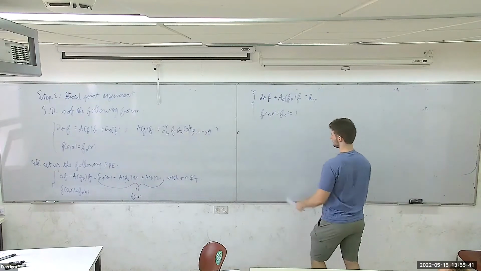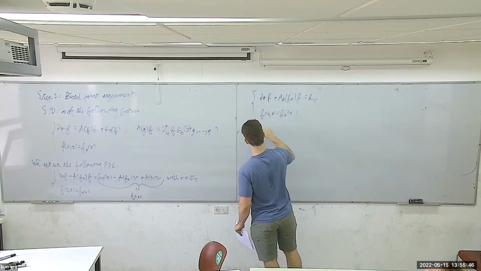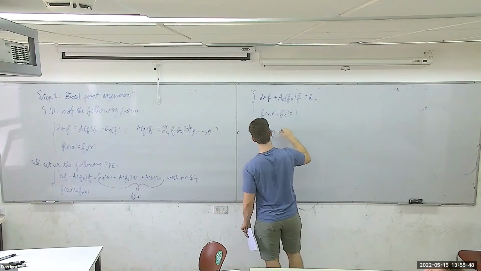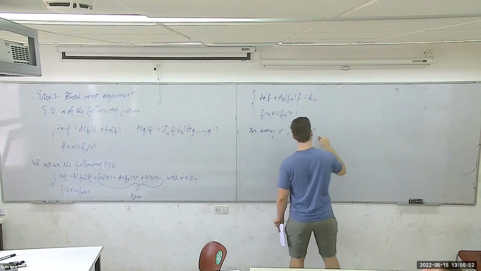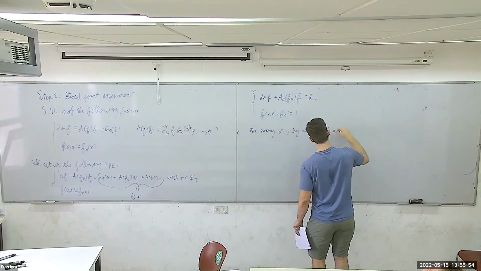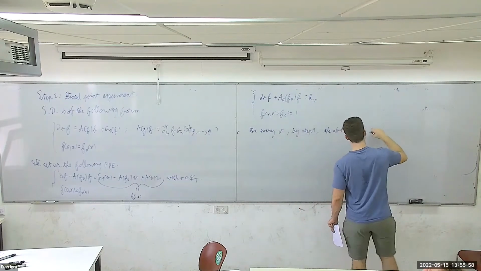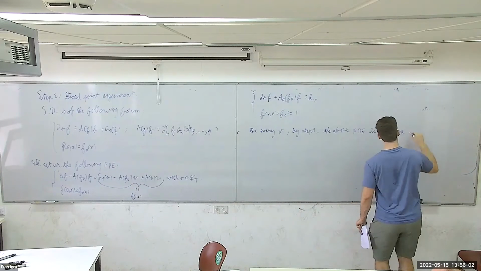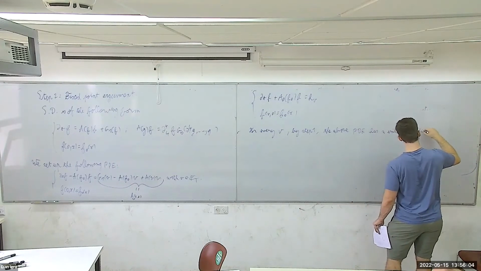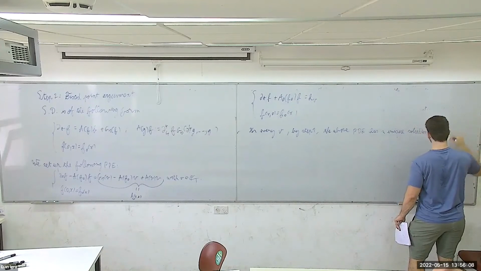So for every v, by step 1, the above PDE has a unique solution F in E. Okay.